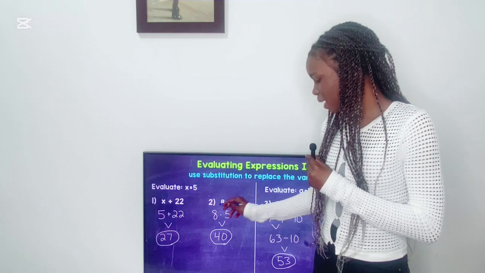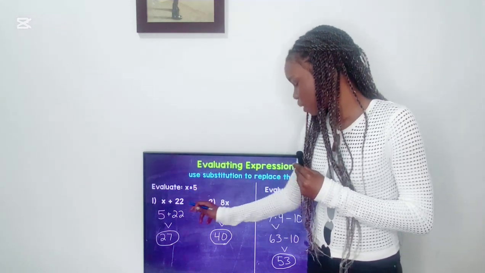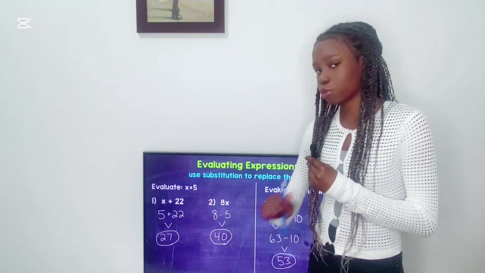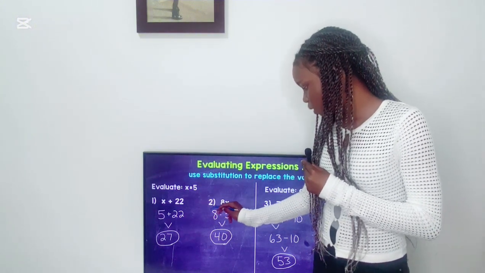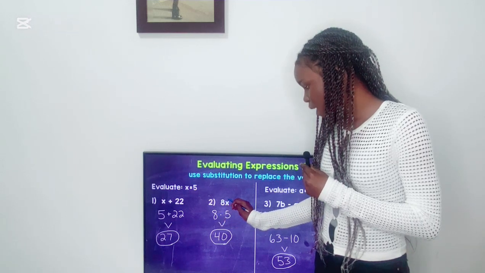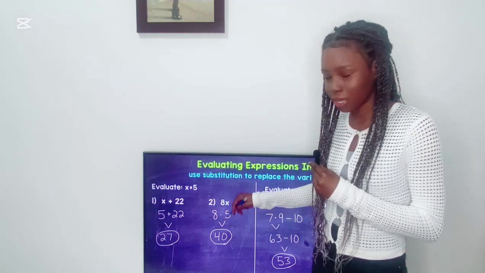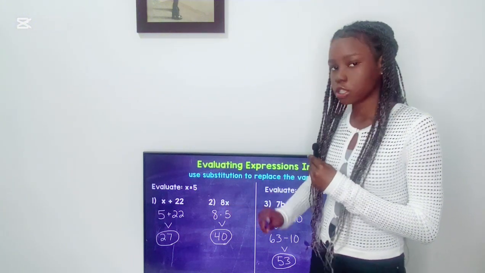It's just 8 times what? That is why we're talking about x being 5 here. So always remember that. Basically, it's 8 times 5. 8 times x. Don't get confused. This x next to the 8 means that this is substitution.